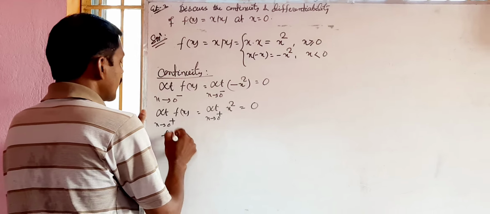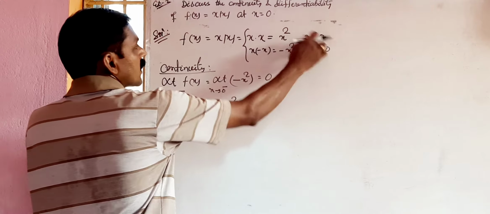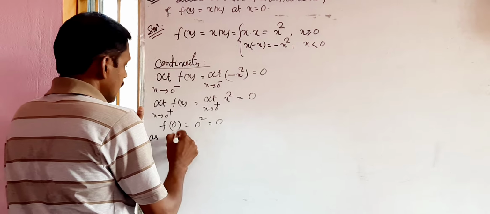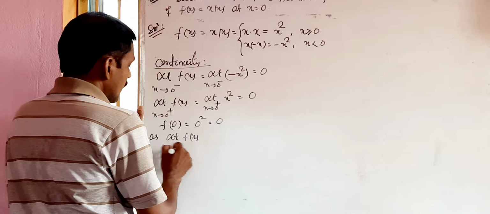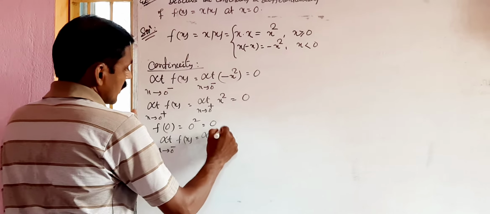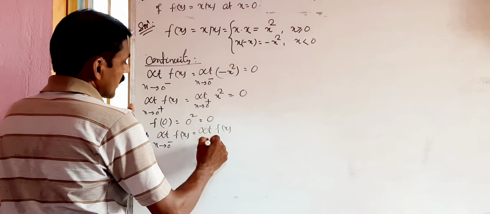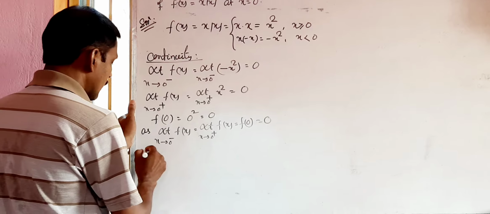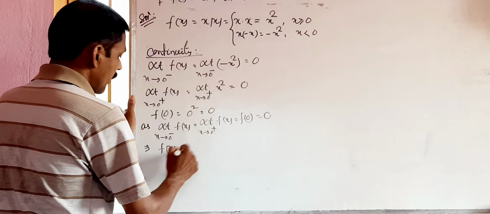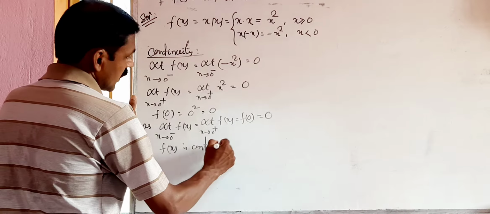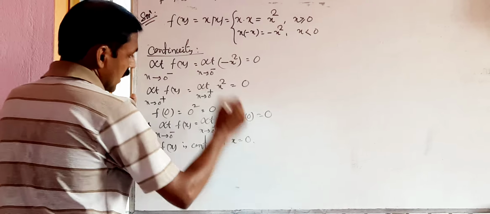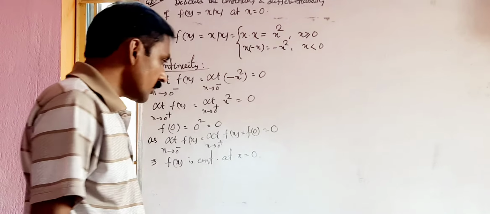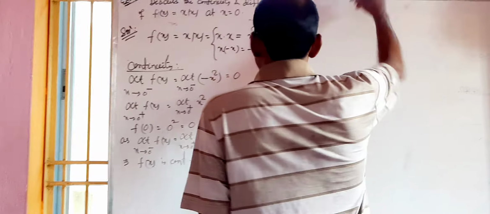And what is f of 0? f of 0 is also 0 square, which is 0. So limit of f of x as x tends to 0 minus equals limit as x tends to 0 plus equals f of 0, all are 0. This implies f of x is continuous at x equal to 0. We have proved the continuity. Now second is differentiability.